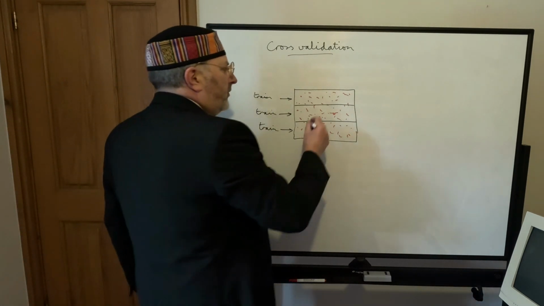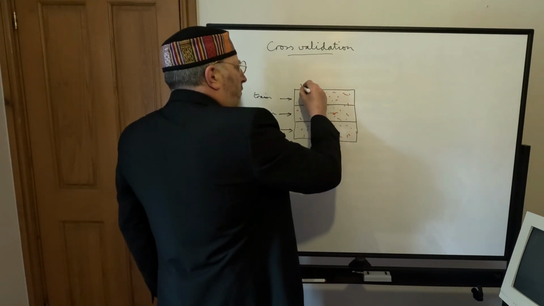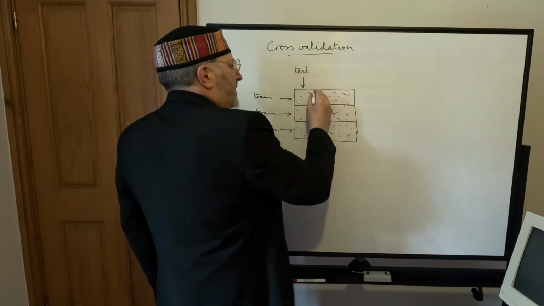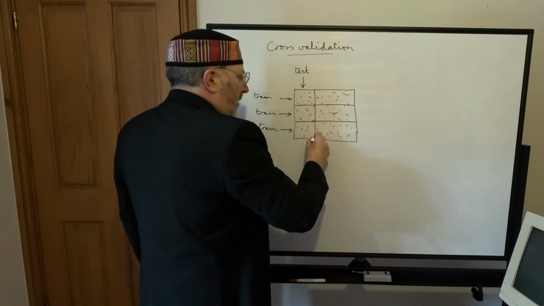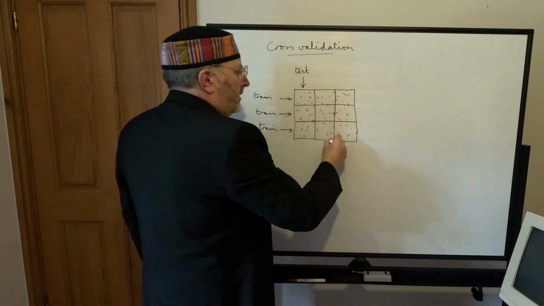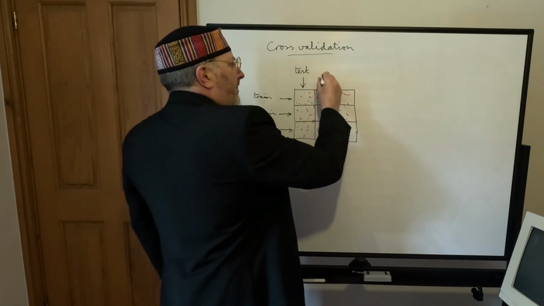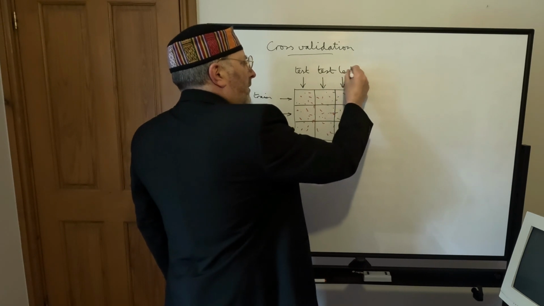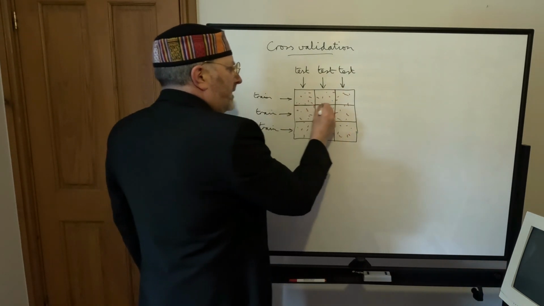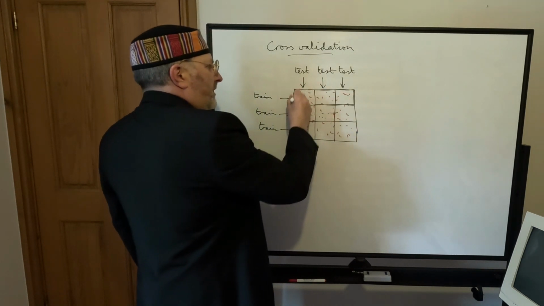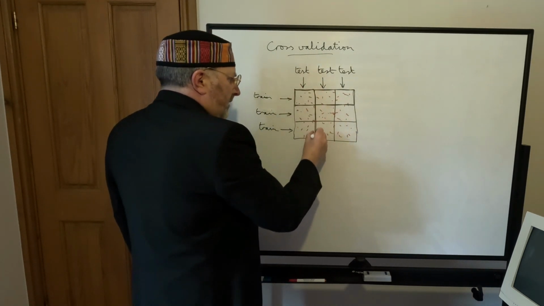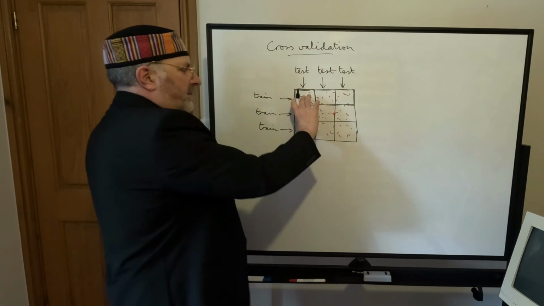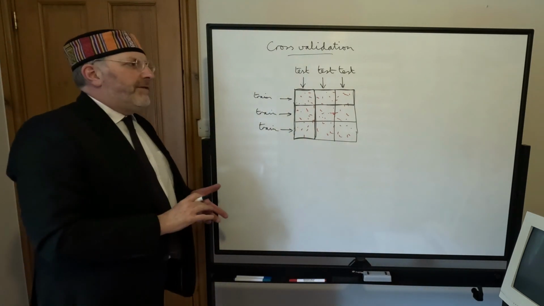We've used it all. But then we can also further validate what we're doing by testing the data on another way of dividing it up. So having trained it on that third of the data, we can then test it on this third of the data. So that's a different subset of the data.